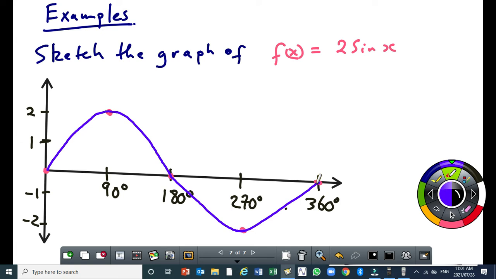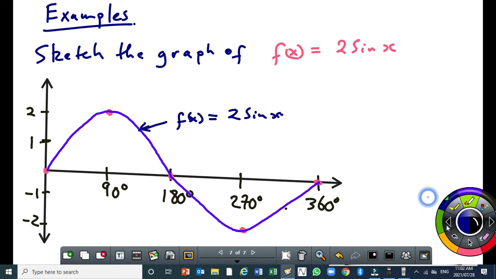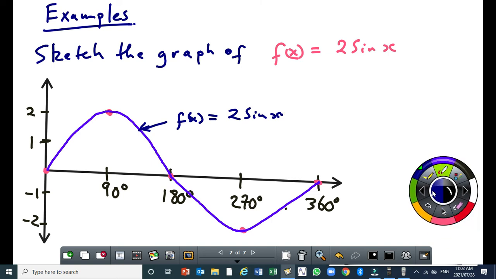So this is the graph of f of x equal to 2 sine x. Right. I'm just going to write some of the properties of it quickly, starting with the amplitude.